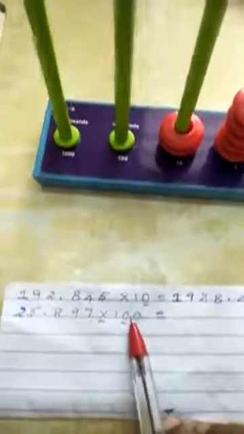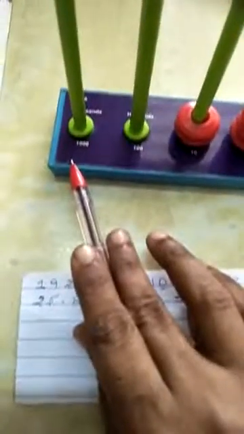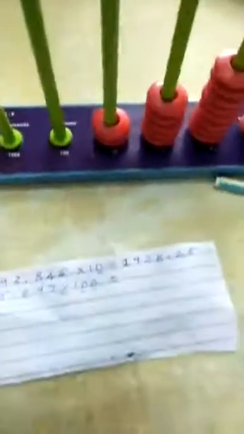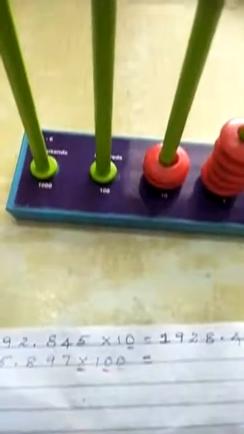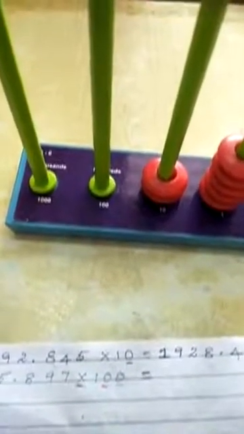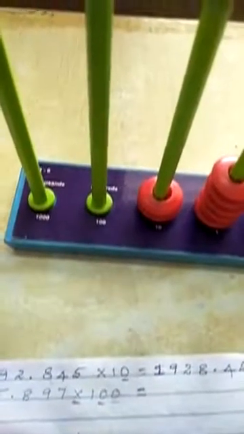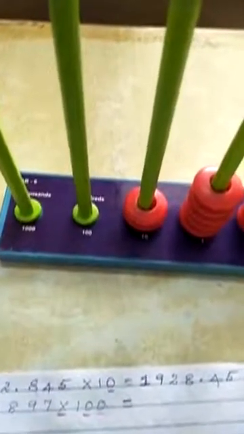How many zeros? 2. So now I need to move towards left 2 places, children. So shift all beads by 2 places towards left.